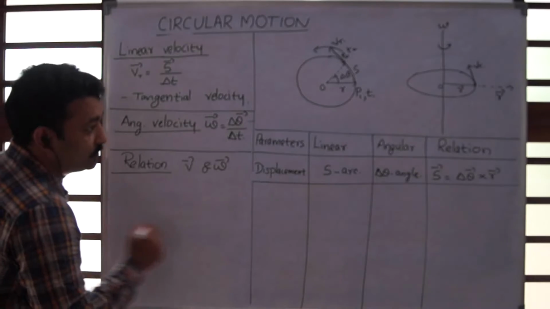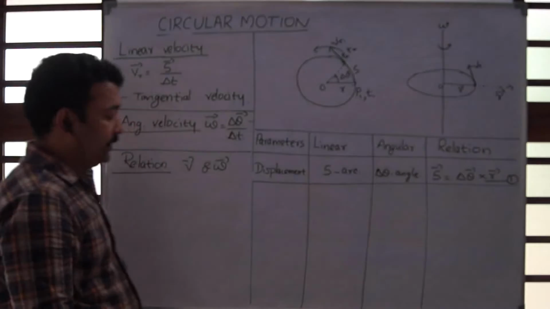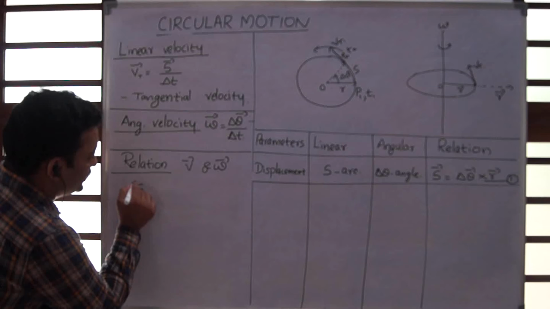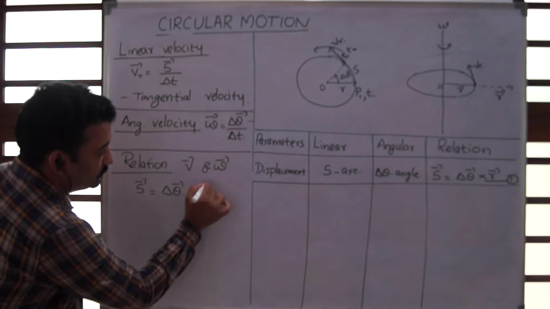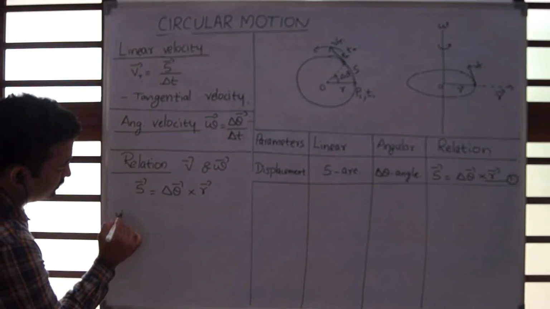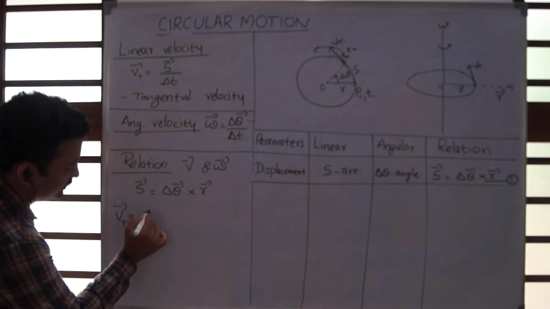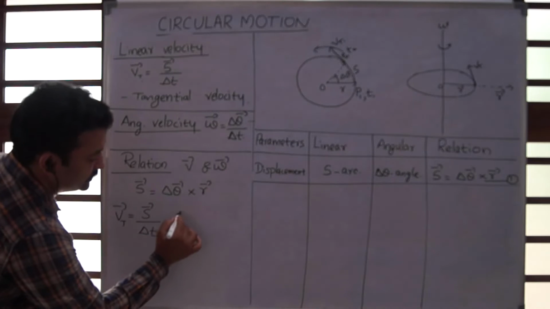We got S is equal to delta theta times delta R. Equation 1: the linear displacement is equal to delta theta cross R. What is tangential velocity? Tangential velocity is S divided by delta t.